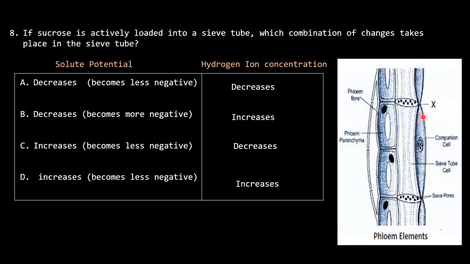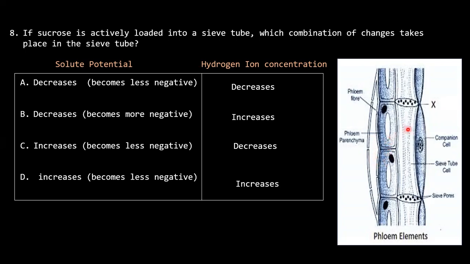Here is a companion cell. Here is a sieve tube, another sieve tube, a sieve plate here, and we have phloem parenchyma cells very close to the sieve tubes, and we have phloem fibers. This is a phloem fiber that is strong, strengthening the phloem area.